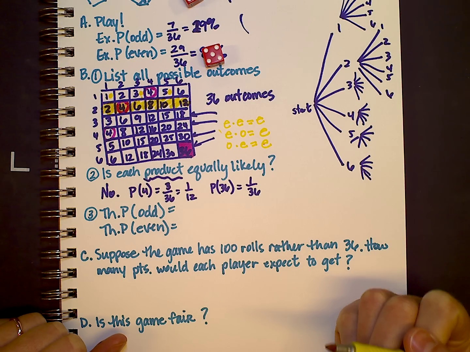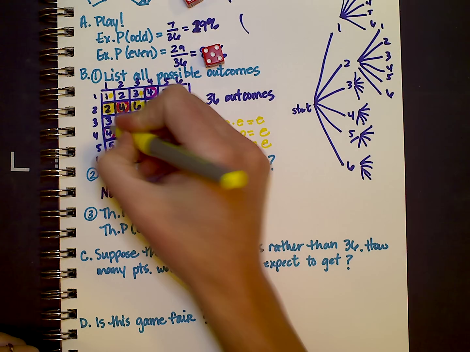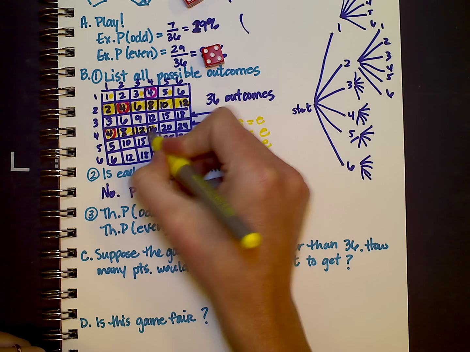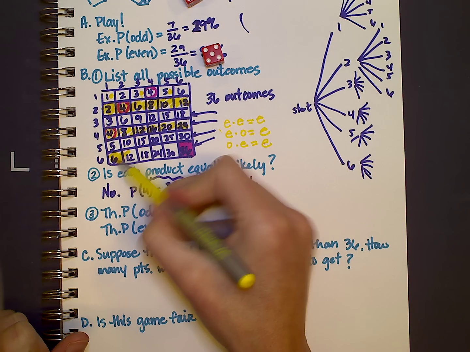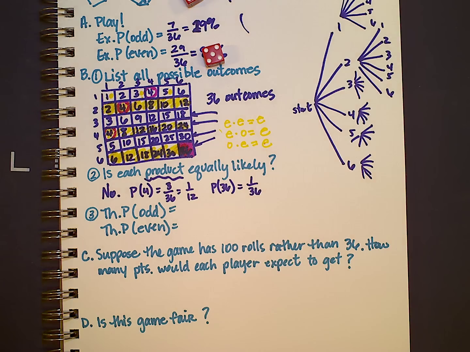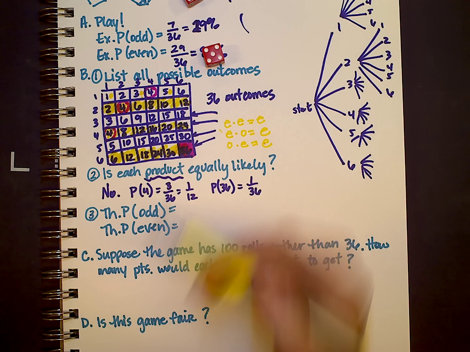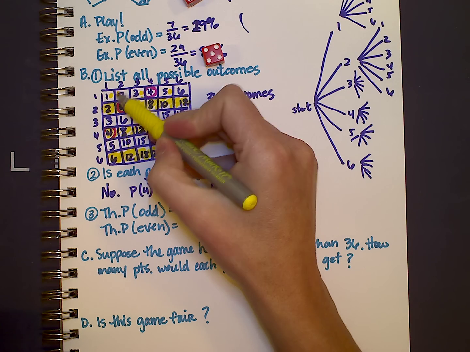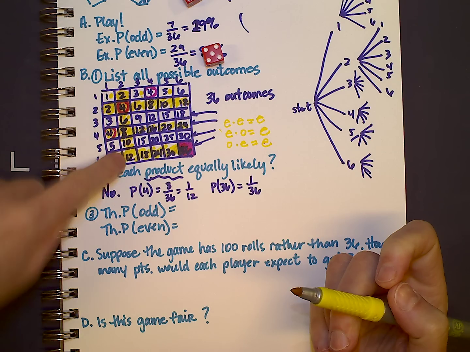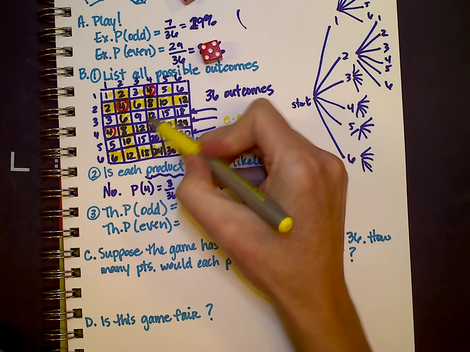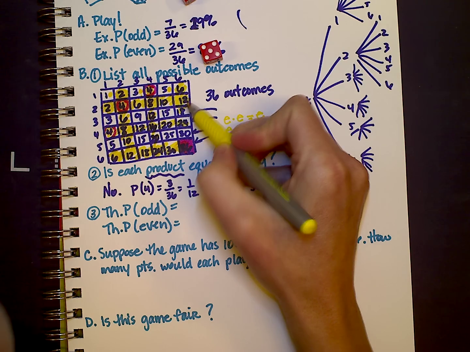So we're not going to count those. All of these numbers here are even. So we're not going to count those. All of these products are even. So we're not going to count those. Same is going to be true for all in this column, multiplying by that even number, multiplying by that even number, multiplying by that even number.